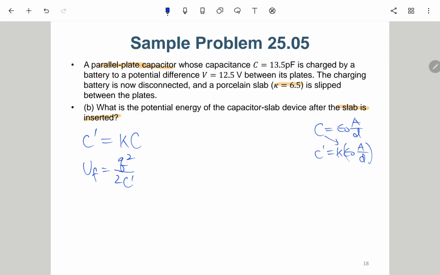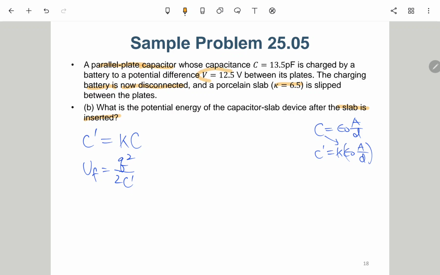We cannot use half of CV squared anymore because here what we don't change is the charge, okay? Because we have disconnected the battery, so the charge doesn't change. And here C already changed, so the V also changed.